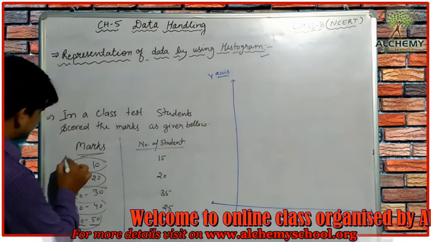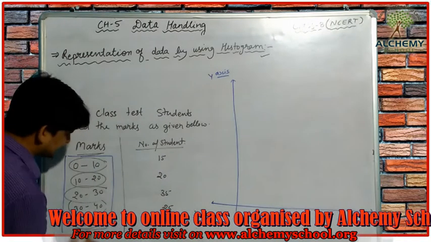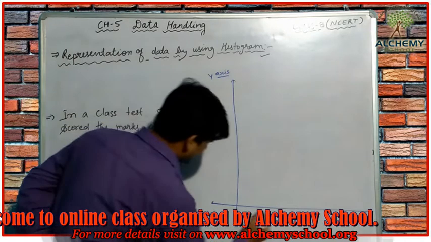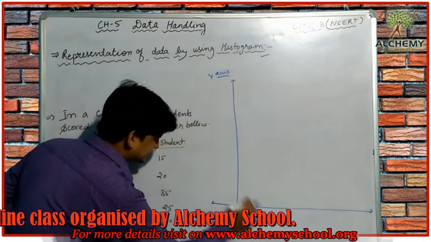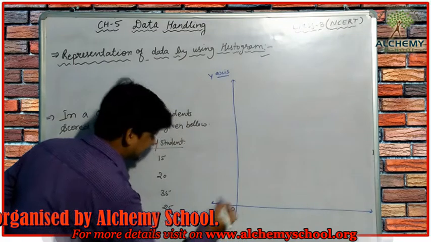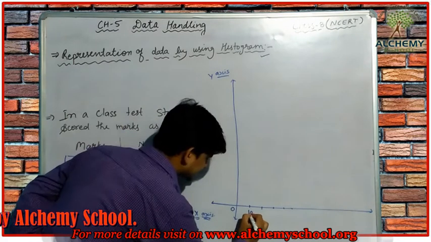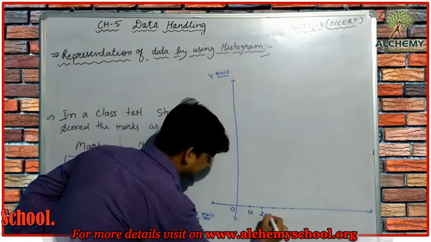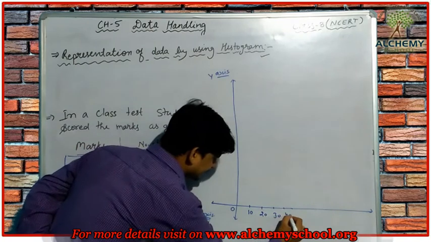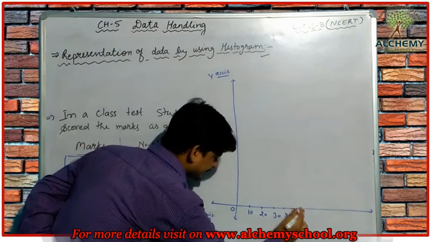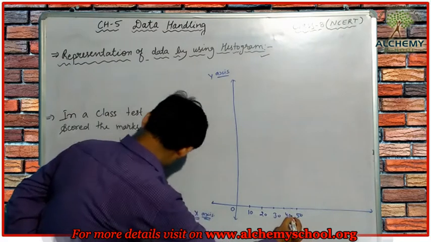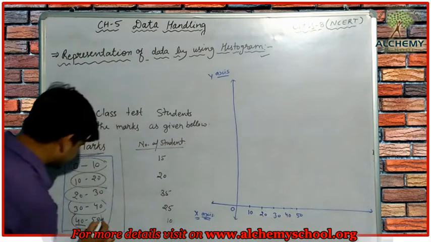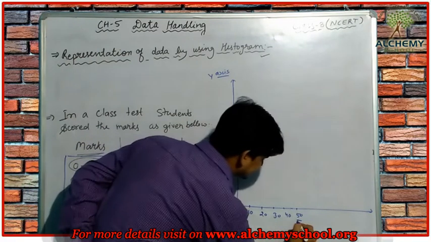These are the class intervals. Class intervals will be represented on x-axis. Where these two axes meet, it is represented by 0. Then after, the first box will be represented by 10, 20, 30, 40, 50. So we have the values till 50, so we have represented it here.